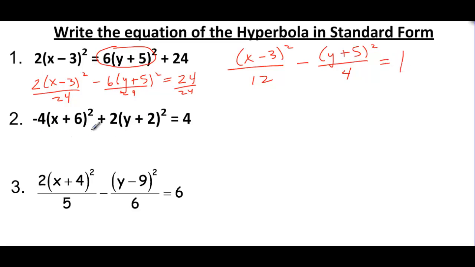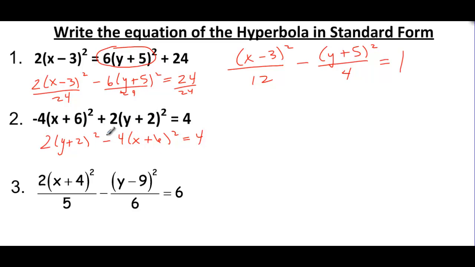In my next one, the x's and y's are already on the same side. However, they're not in the correct order. We always put what's positive first and then what's negative second. So it's positive something minus something. Again, this is all on the same side, so the signs don't change. I'm not adding the 4 part or subtracting the 2 part.